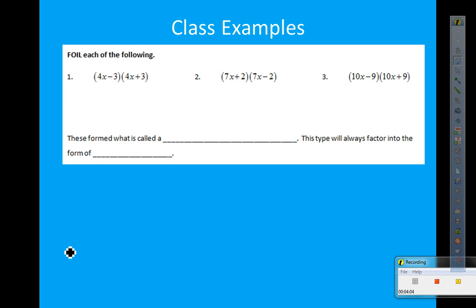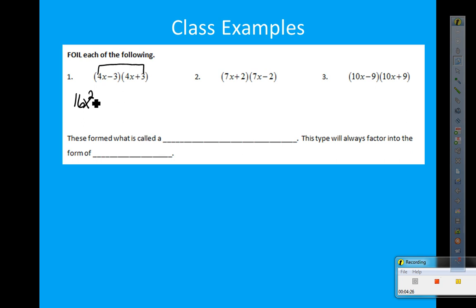Your number 1, 2, and 3, my directions on there say, FOIL each of the following. I want to show you something on this. Watch what happens when I FOIL these. I'm going to go first. 4x times 4x is 16x squared. And then I'm going to go outer.